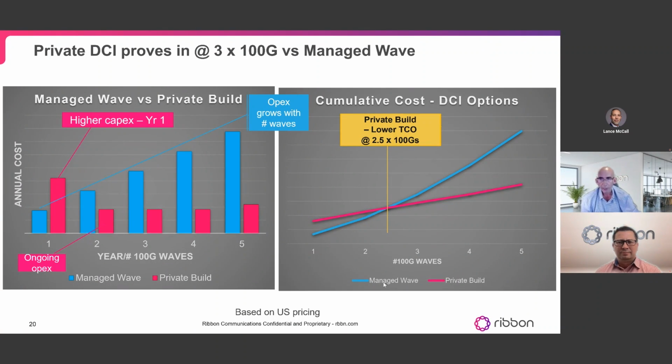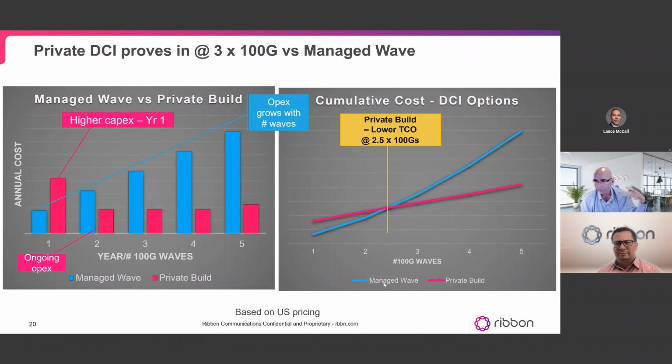And you can see by year 5, it gets to be much more expensive, and the private build is much more cost effective. So if you're a customer, or yourself, see yourself growing past that third 100 gig, private build is probably going to be the most attractive option, right? Managed wave is attractive in the early years, but much more expensive in the latter years.